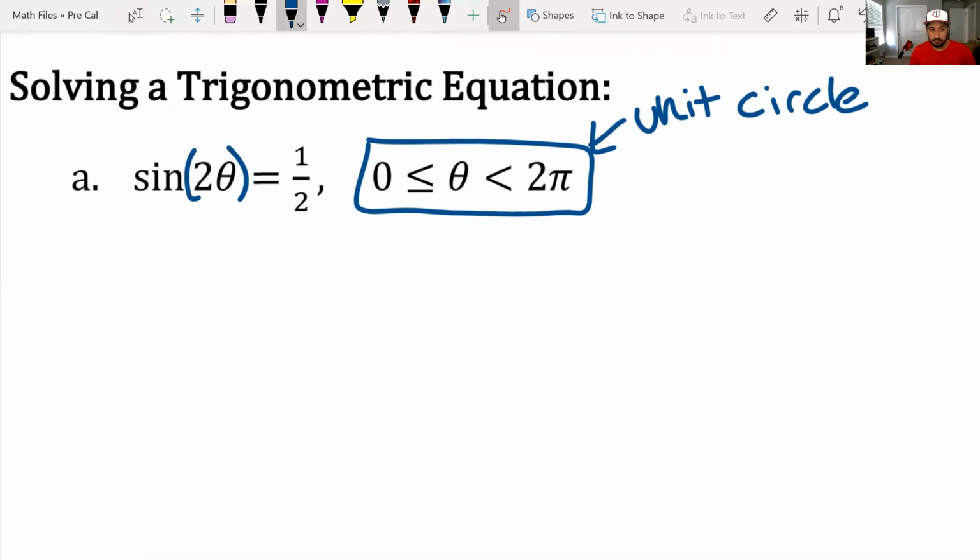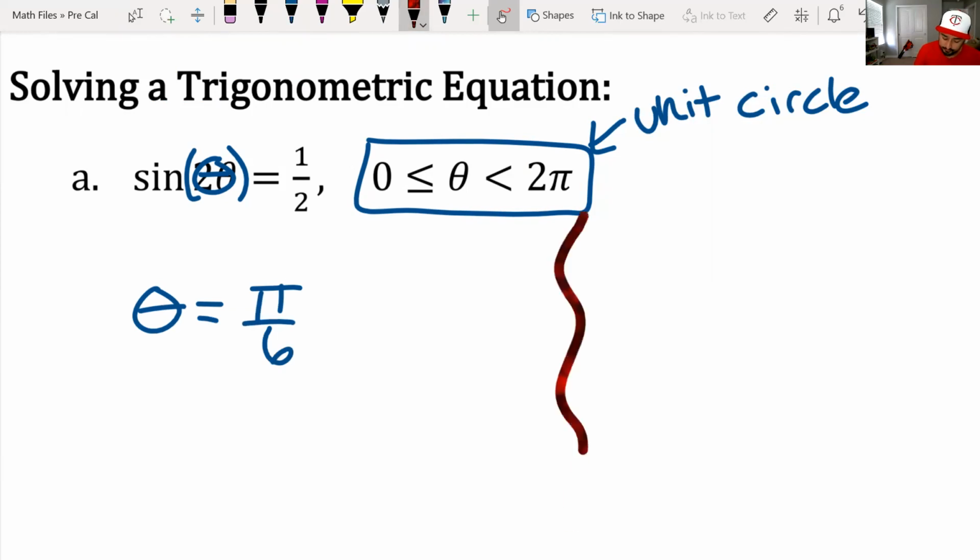And just imagine that all of this is theta right now. We want to know where on the unit circle is sine equal to 1/2. What radian values get me to 1/2? And that answer would be theta equals pi over 6. And again, I can split this up. And also theta equals 5 pi over 6.